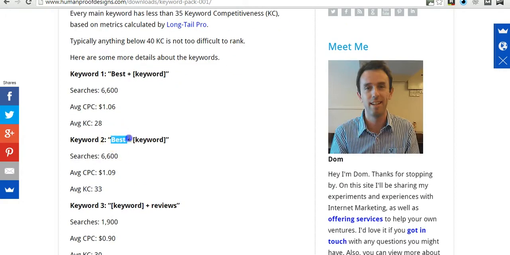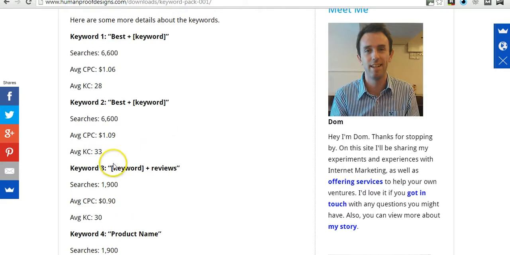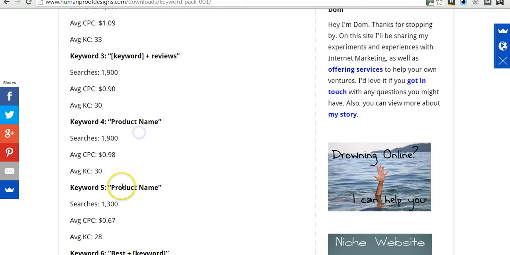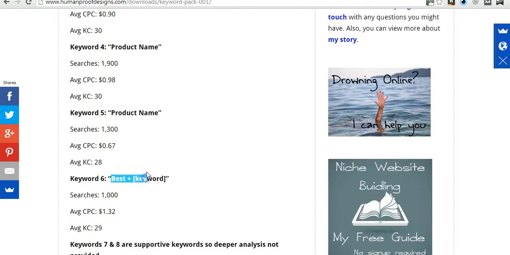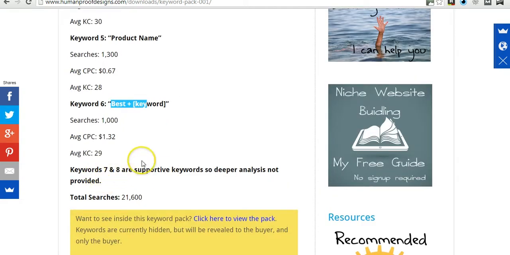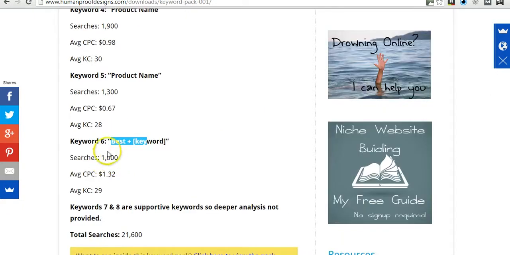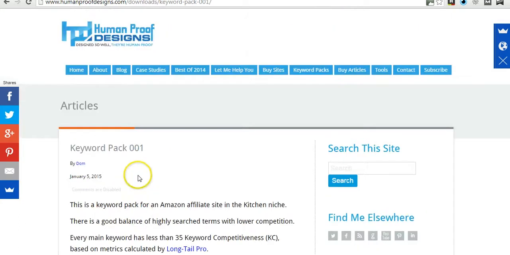The second one, best, so that could be best sofa beds, La-Z-Boy reviews or sleeper sofa reviews. Again, this is not the particular niche for this keyword pack, I'm just explaining it. And then product name, so maybe that's La-Z-Boy, another one like that, another best, and then supportive keywords for 7 and 8, like what's the best sofa, or what size sofa should I buy, things like that.